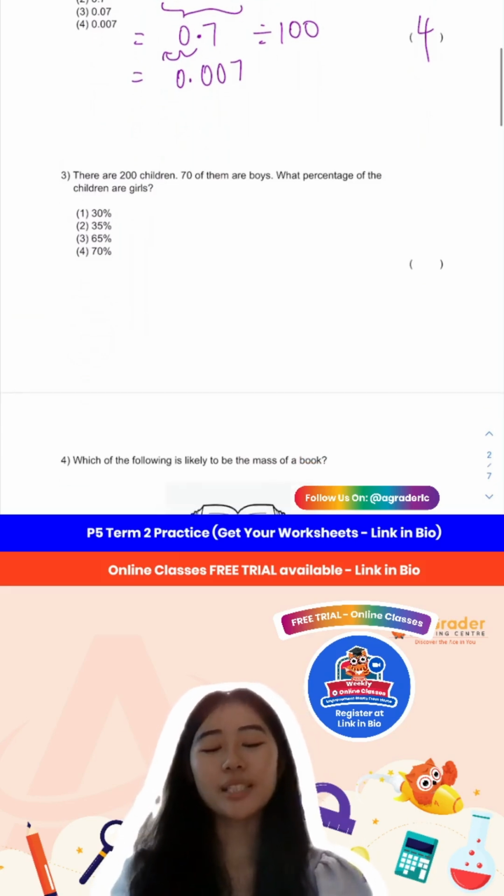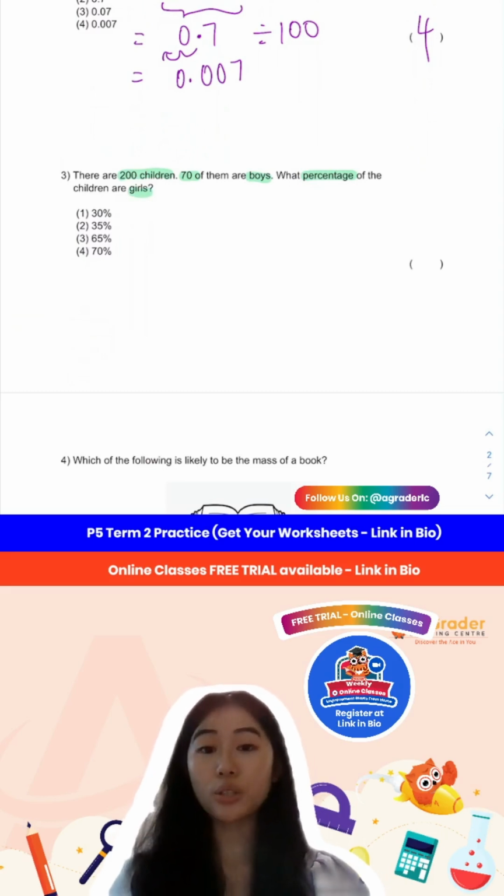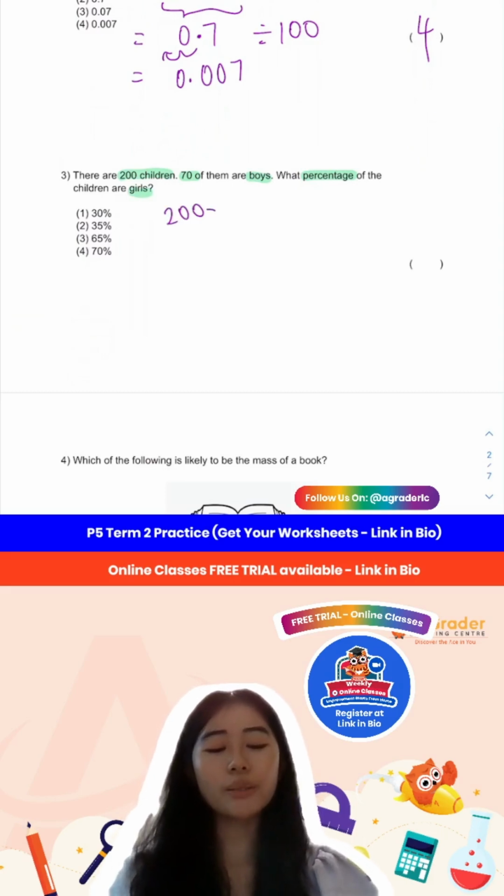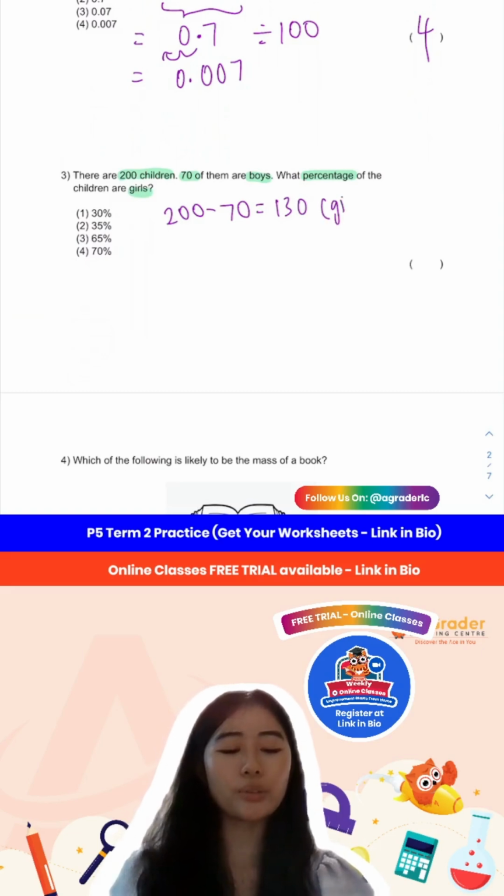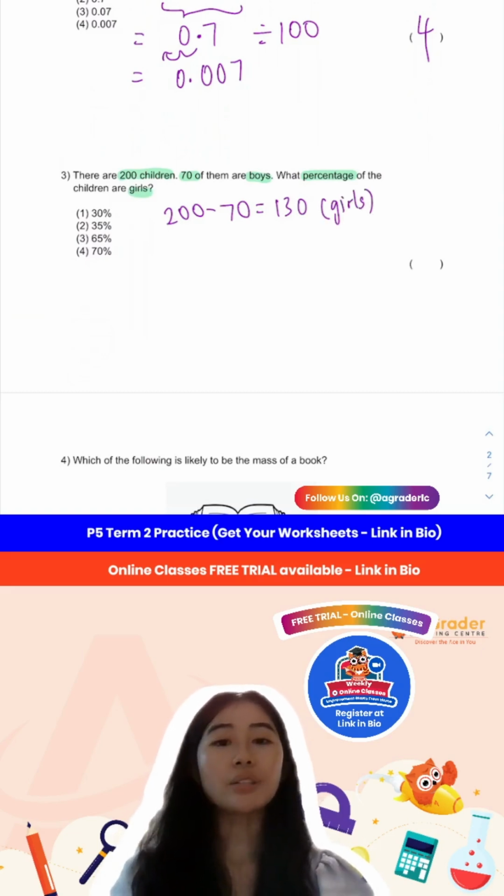Okay, let's go through this. So there were 200 children, 70 of them are boys. They're asking you what percentage are girls. So the first thing you can do is to find out how many girls there are, right? You can use 200 minus the 70 boys, then you get 130 girls. After that, I want it as a percentage.